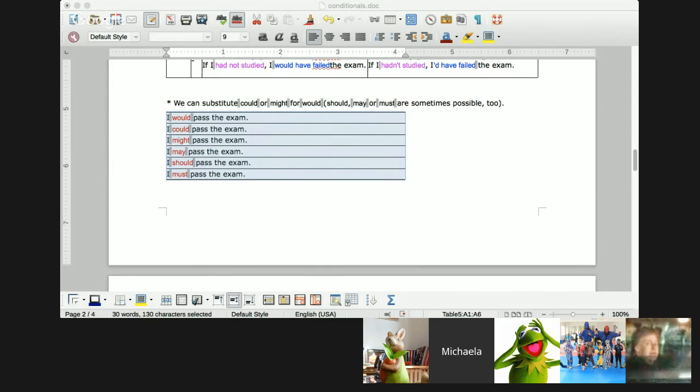If I'm saying I would pass the exam, it's a little bit more standard probability, but it could also say something about your desire. Like, I would go to the party, but I have a class at that time, so I can't. So you're saying I want to go to the party, but it's just not possible. Instead of saying I could go to the party, that you're saying I'm able to go to the party, but I don't want to.